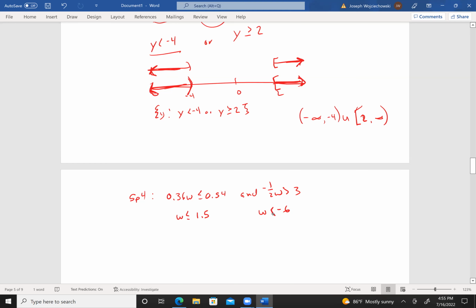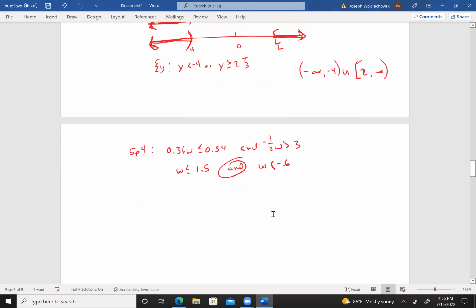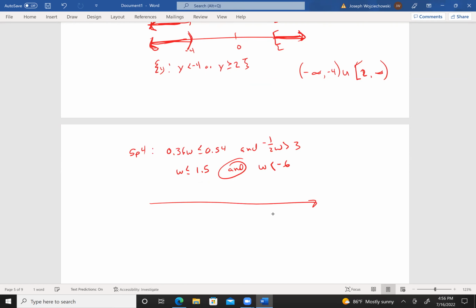Now this is an and, so it's the intersection. So let's look at the graph of this. Start with, well, there's 0, there's our 1.5, there's our negative 6. So looking here, I have 1.5, and it's saying less than or equal to 1.5, so I have a bracket, and I'm going here.